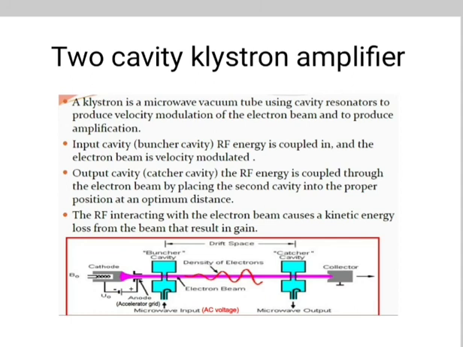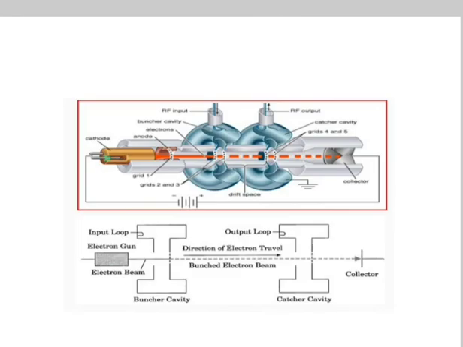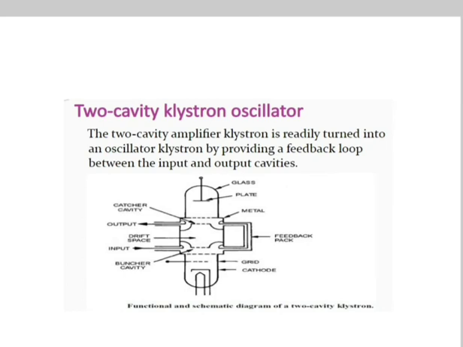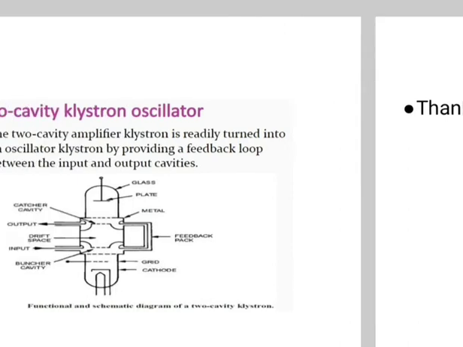The RF interacting with the electron beam causes a kinetic energy loss from the beam that results in gain. Now these are the diagrams. The two cavity klystron is readily turned into an oscillator by providing a feedback loop between the input and output.